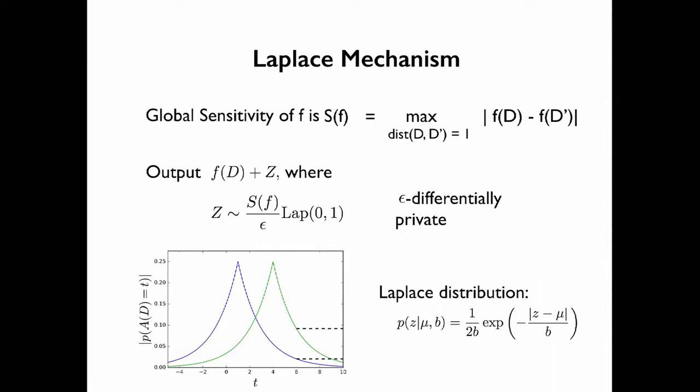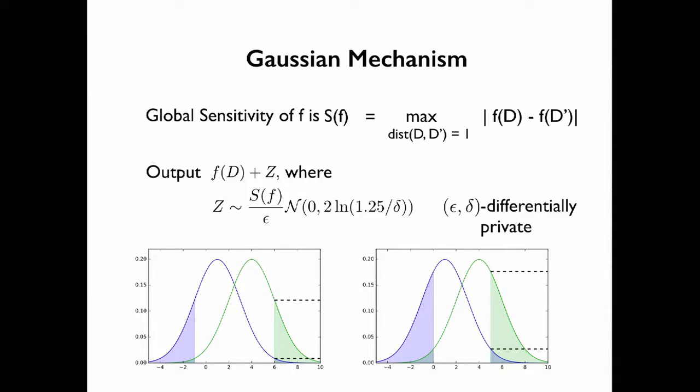The second variant is called the Gaussian mechanism. Again, remember the global sensitivity is S of f. Here you again calculate f of d, where d is the sensitive data set, and add noise to it, but now the noise is not Laplace noise, and in fact, the noise is calibrated a little bit differently.